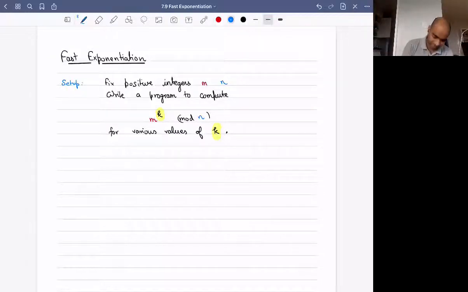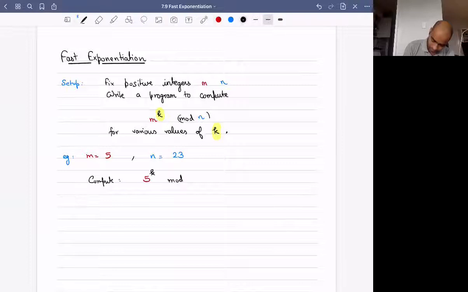So let's take an example. Let's say m is 5 and n is 23. And then my goal is to compute repeatedly 5 to the k mod 23.